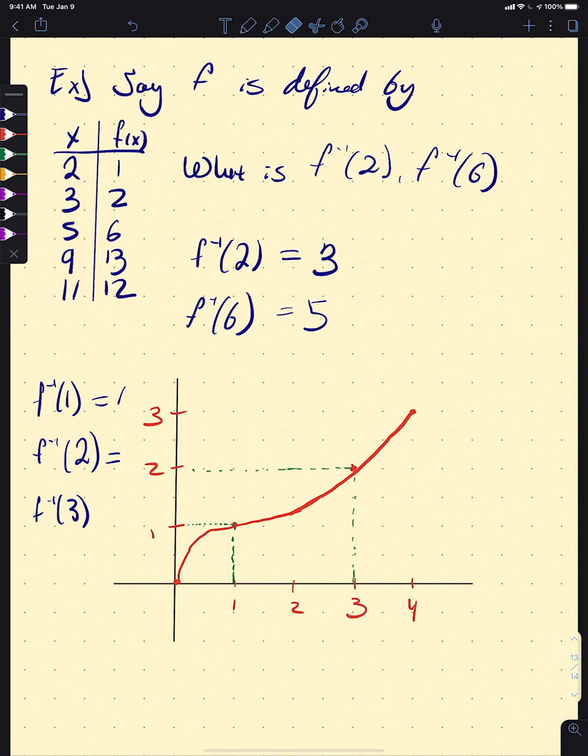We'll color code that correctly. And what about 3? What input sends to the output 3? That would look to me like 4. We know that by construction, the inverse and the original function undo each other. And we'll go over how to compute the inverse function in a bit.